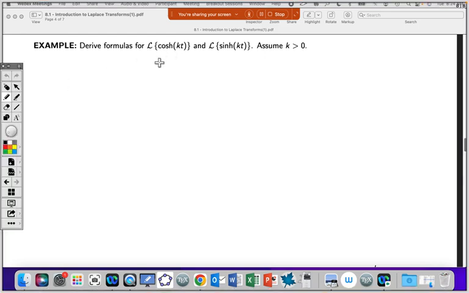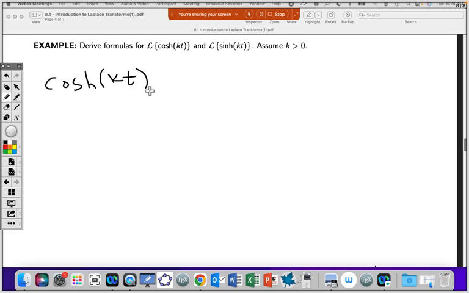With that in place, let's derive formulas for the hyperbolic cosine and hyperbolic sine. I'll do one of them, and then you can just mimic the procedure to do the other one. So let's take a look at cosh. If you think about the Laplace transforms, we only have formulas for natural number powers t to the n, and exponentials.